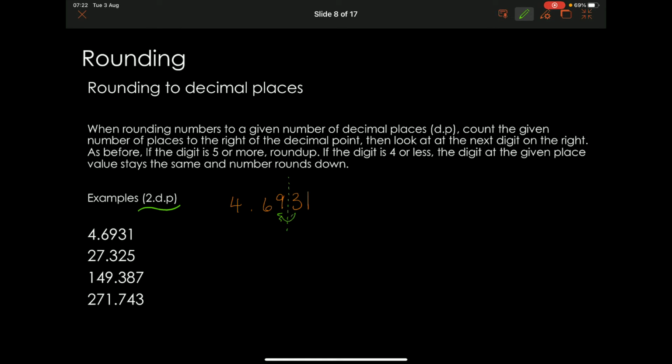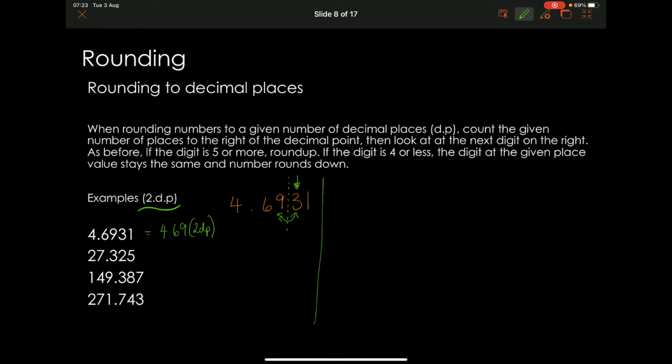And again, the way you decide is by looking at the number to the right. So 4.69, or are we going to round it up? Well, that's a 3. So we're going to leave it as it is because 3 is 4 or below. So it's actually 4.69 to 2 decimal places.